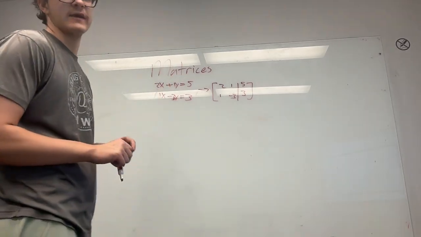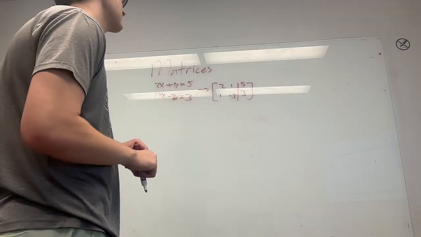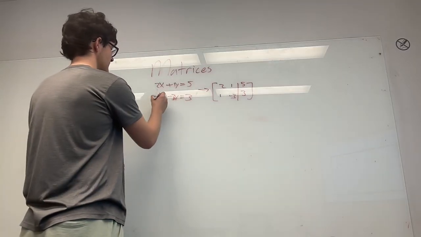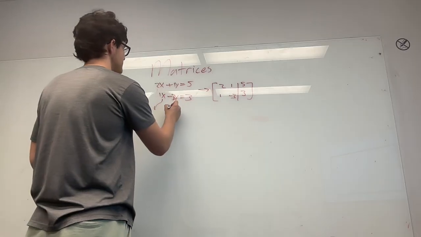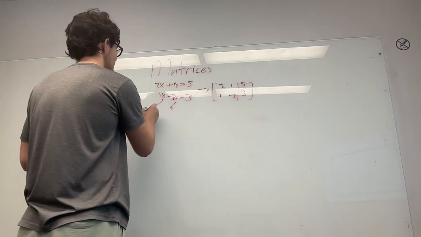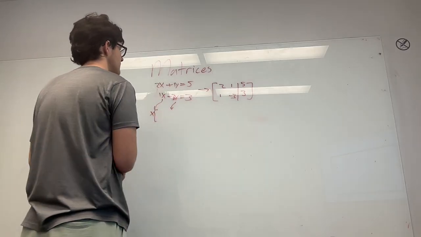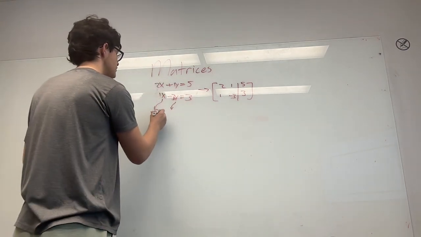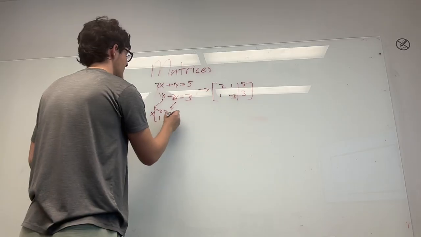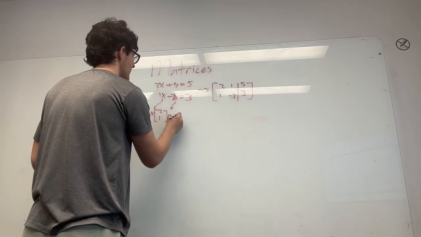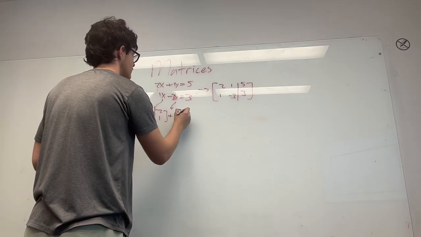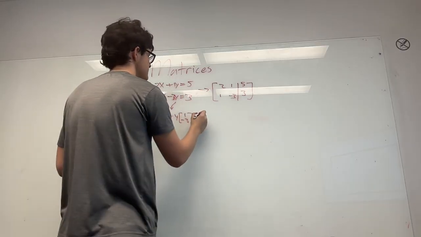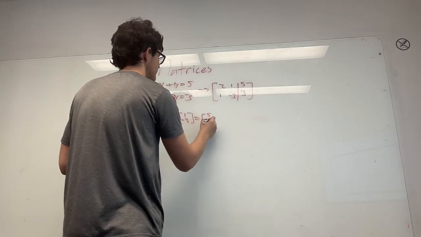We can also write this in vector form. How we're going to do that is we take out the x and the y. I said a matrix is just a big vector. x times 2, 1, the coefficients, plus y times the coefficients of the y's, 1, minus 3, equals, make that a vector, 5, 3.